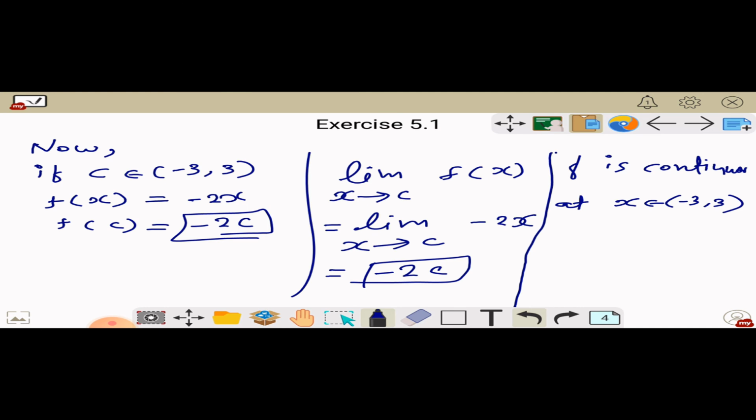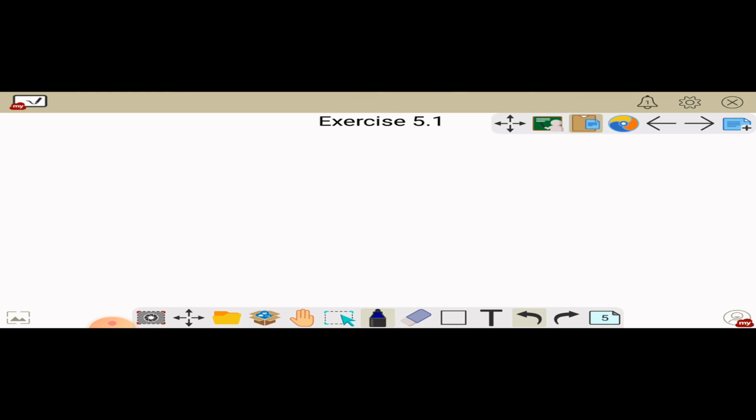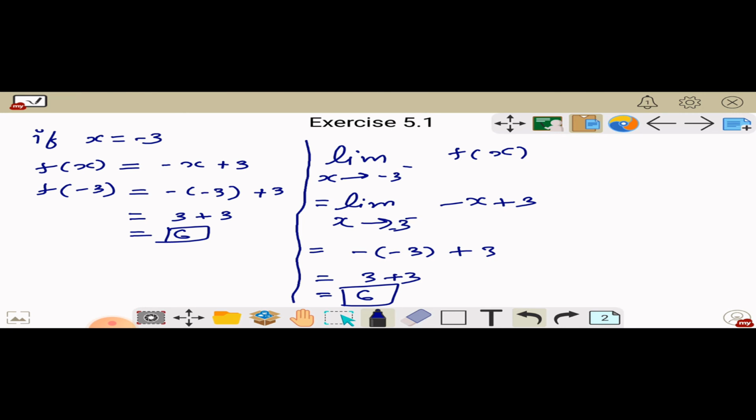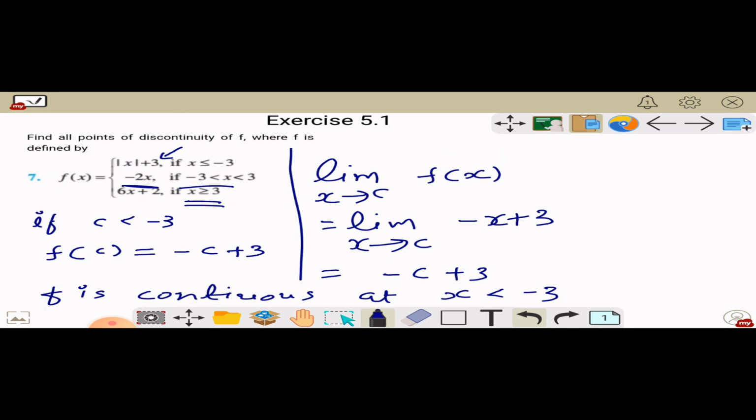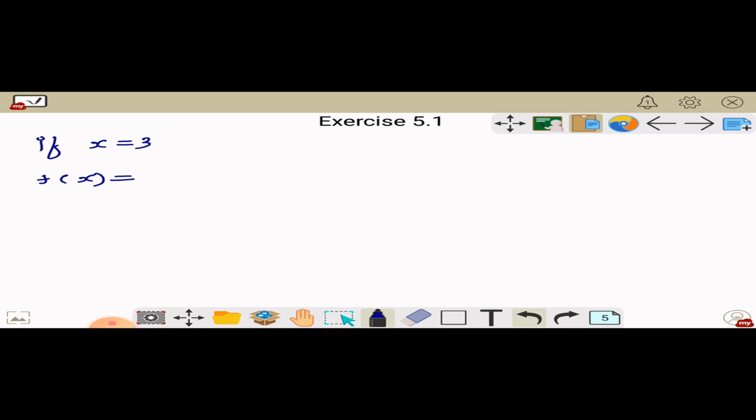So let us check. First of all, let us check the continuity for the point x equal to 3. Now if x is equal to 3, then for x equal to 3, our function f of x is equal to 6x plus 2.